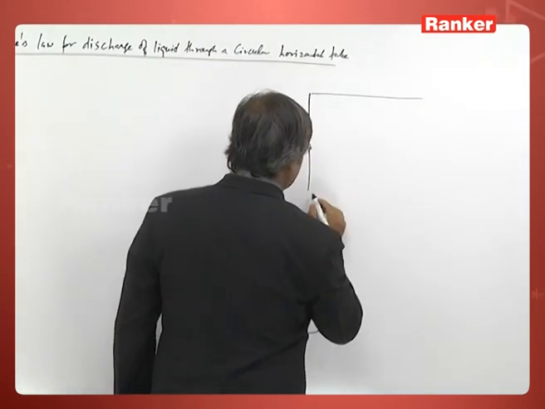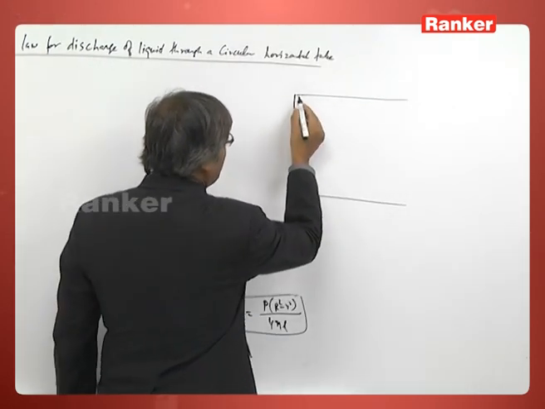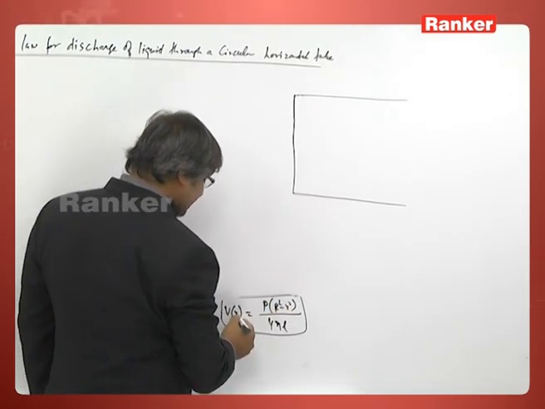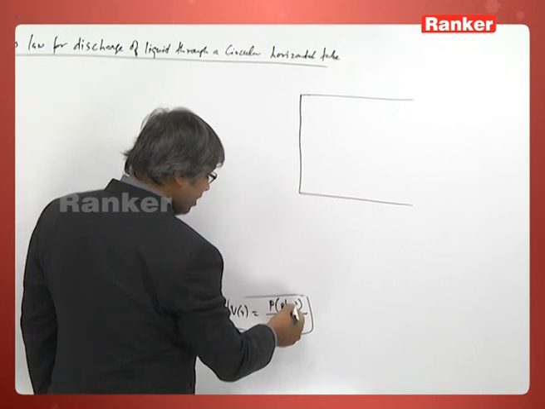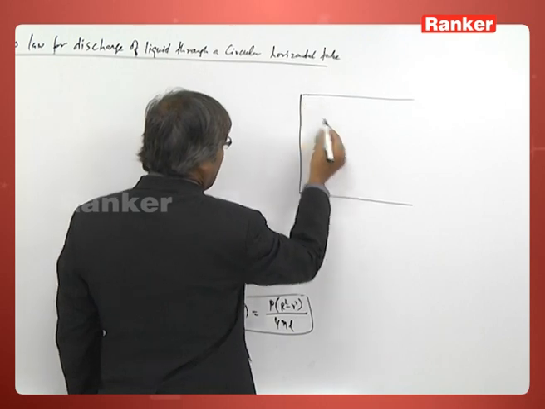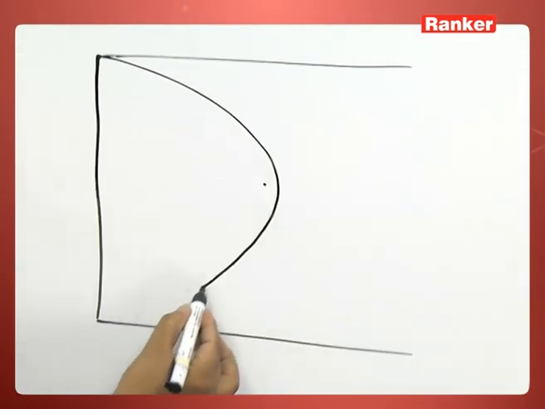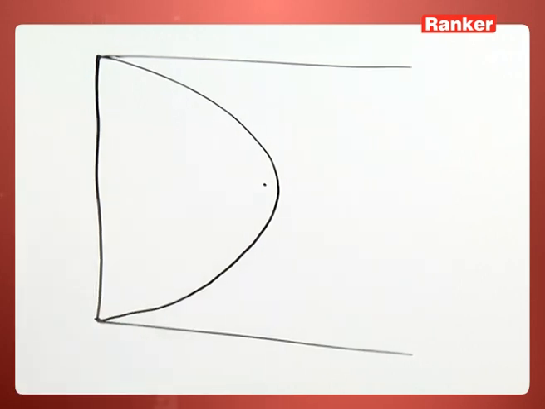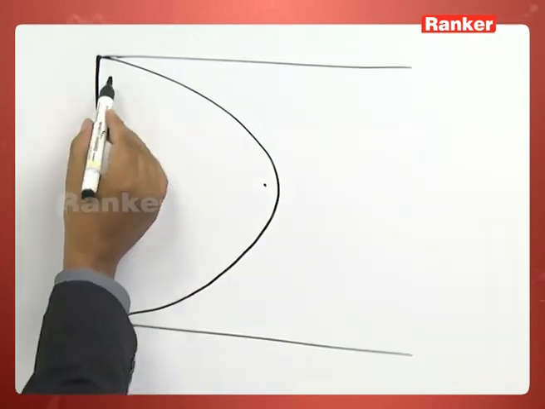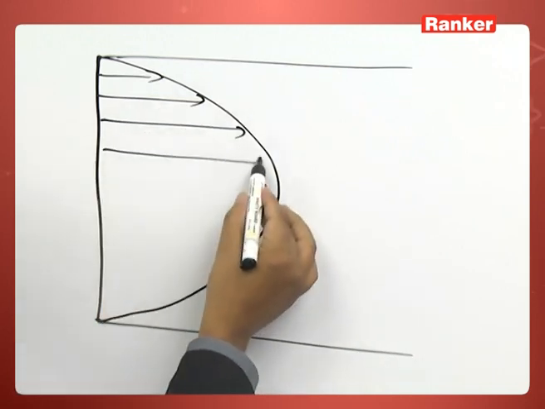You can see this is our wall and at r is equal to R, the velocity becomes 0 and it is maximum here, and this varies as a parabolic curve, which we have seen in the introduction of our viscosity. So, this is the velocity profile.